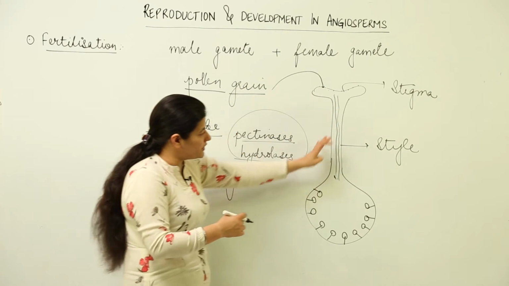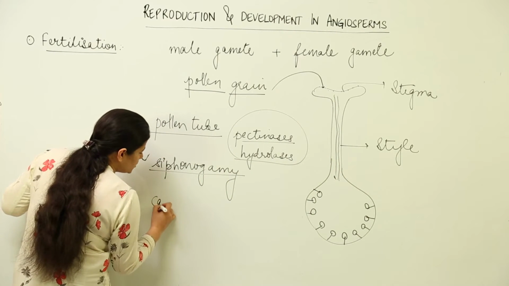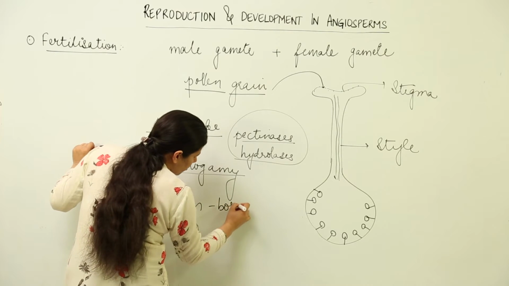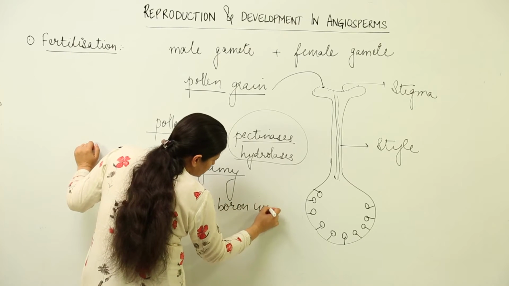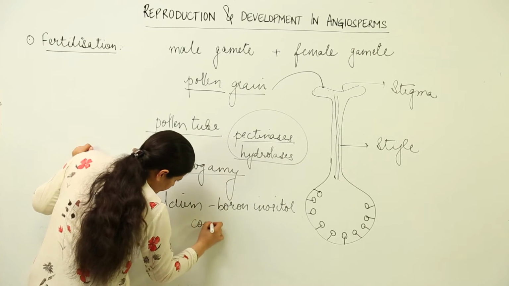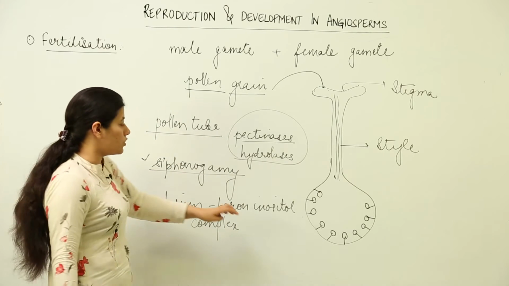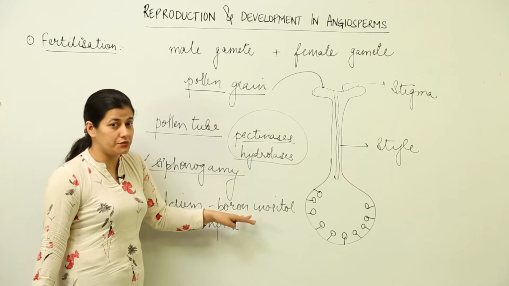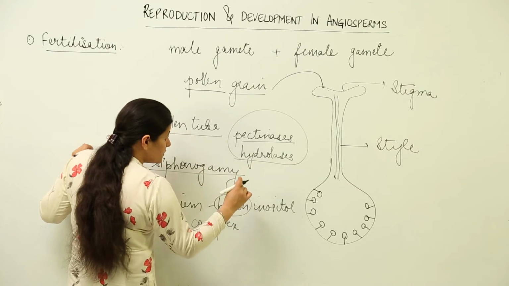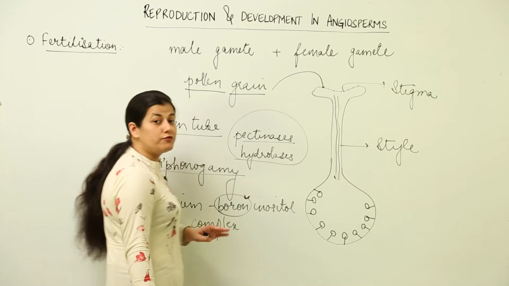This particular event is chemically guided by the calcium boron inositol complex. You remember when we talked about the importance of boron as a micronutrient in mineral nutrition? It was an important element that was responsible for the development of pollen tubes.